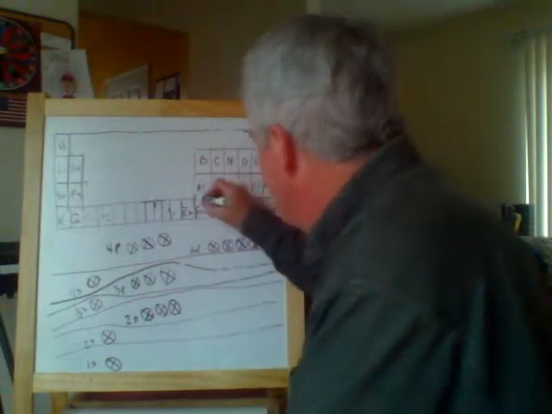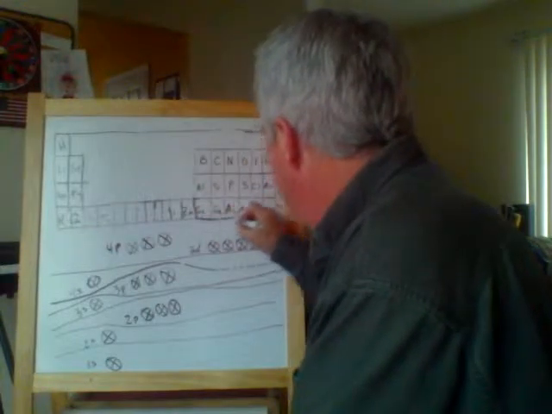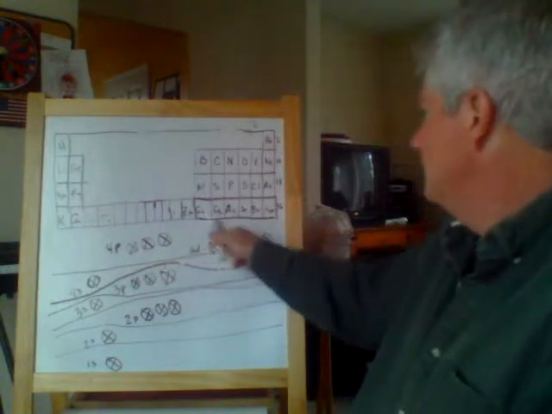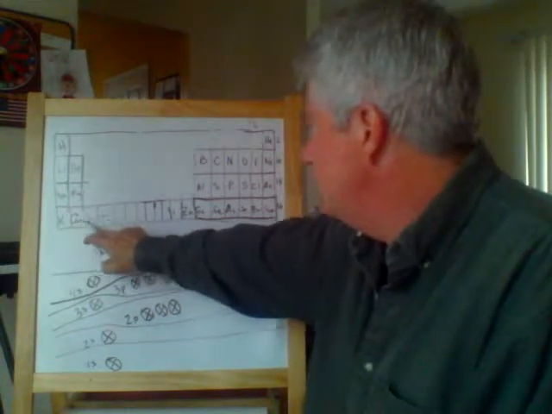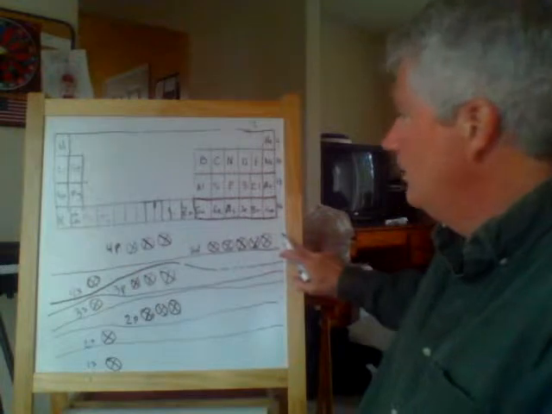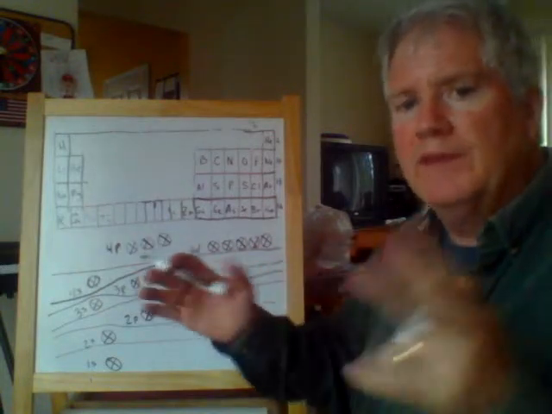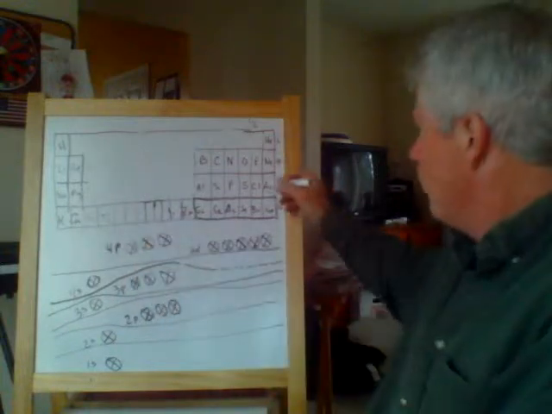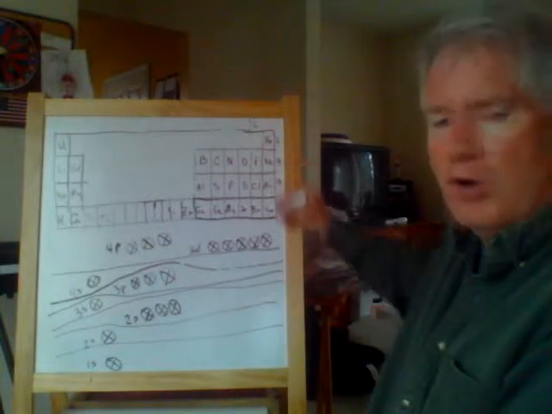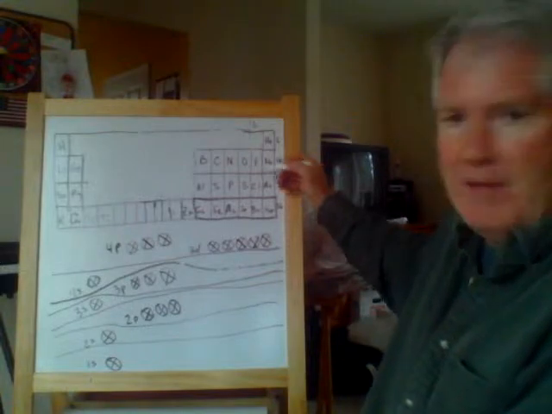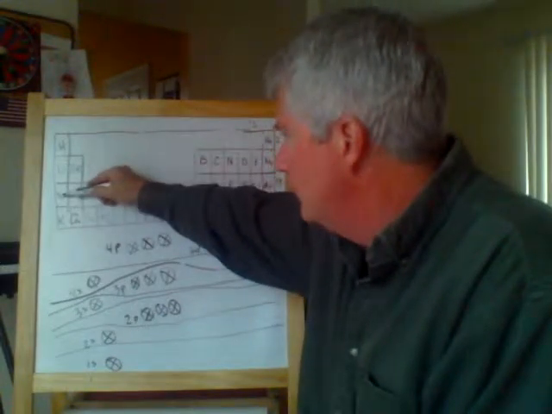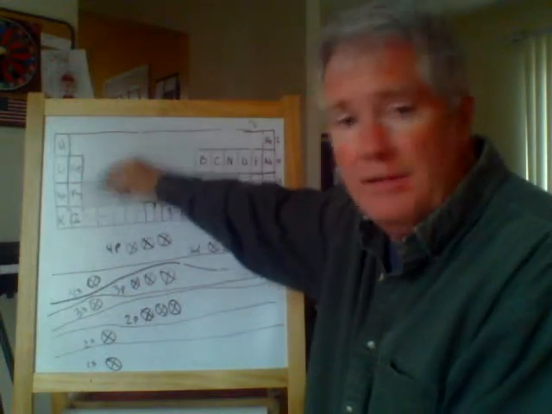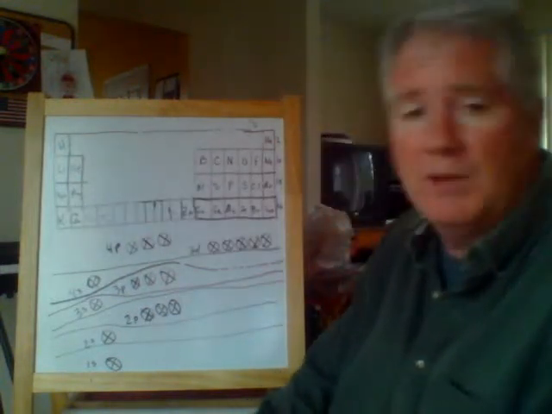These last 6 are the 4p's, and these 10 in between were the 3d's. This is the aha moment: this explains finally why chlorine and bromine and fluorine are all very similar chemically, and it explains why lithium, sodium, and potassium are all similar chemically, as are beryllium, magnesium, and calcium.